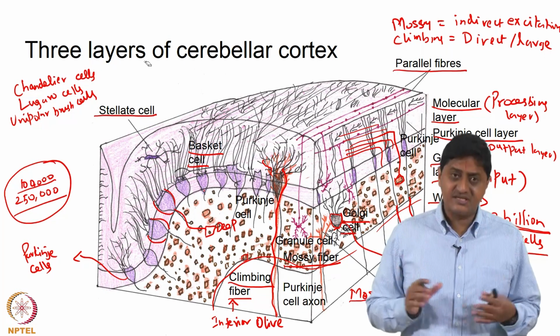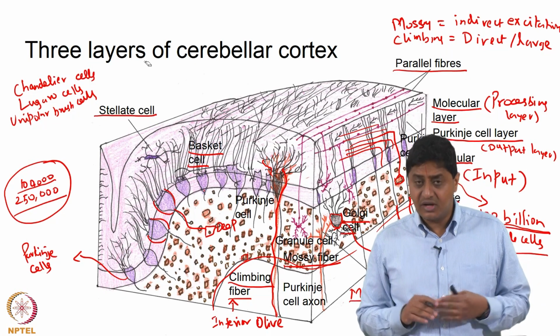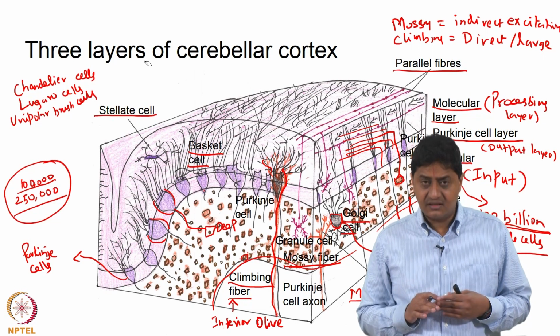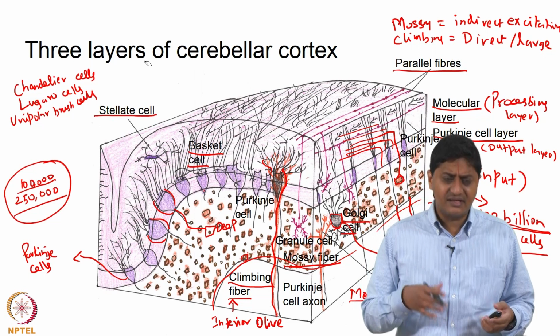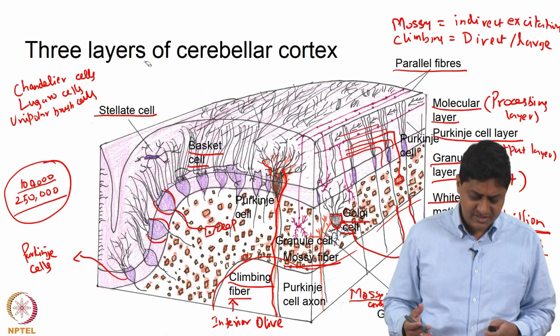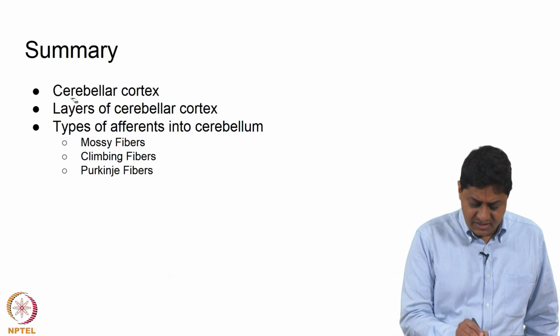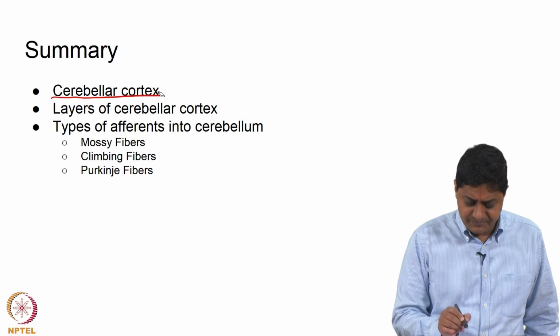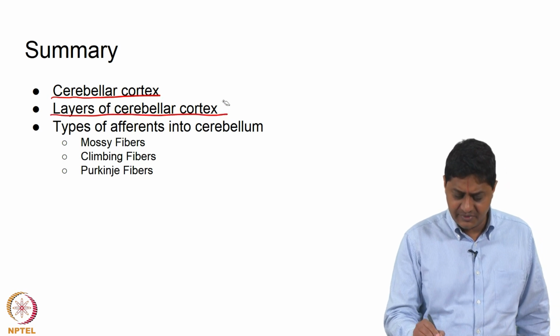The Purkinje cell layer contains the cell bodies of the Purkinje cells, whereas the molecular layer contains inhibitory interneurons such as stellate cells, basket cells, and there are other cells also such as Chandelier cells, Lugaro cells, unipolar brush cells, etc. Right.